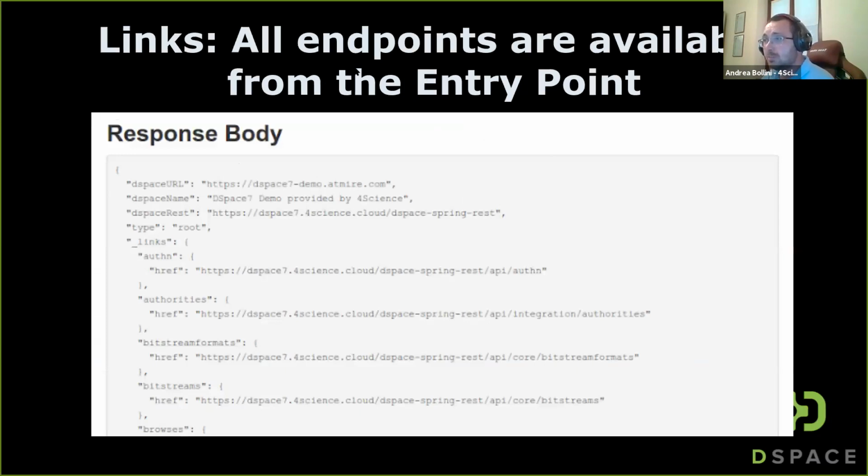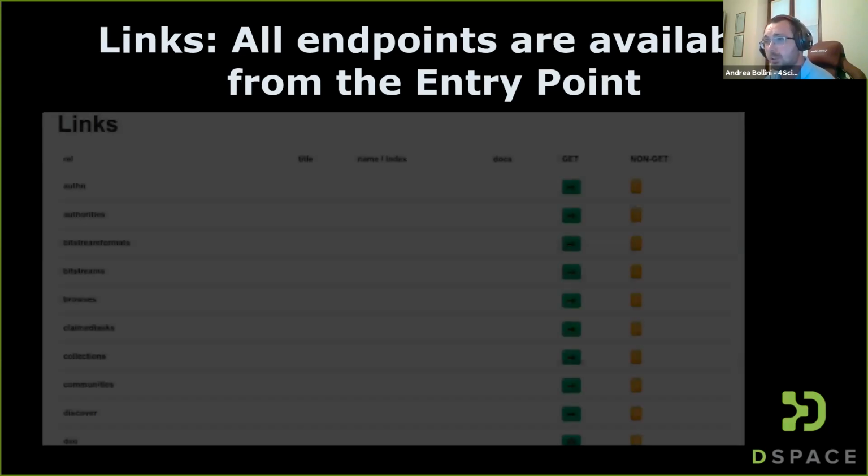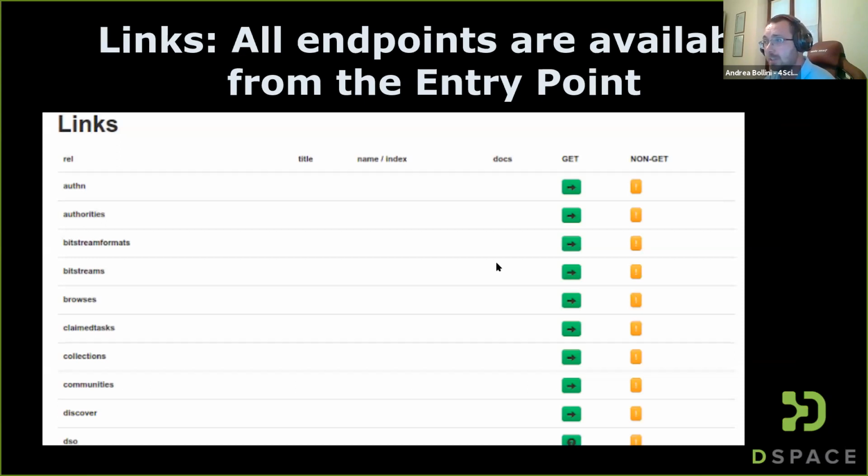One important fact about the slash API endpoint is that this entry point will list all the endpoints available in our REST API, so it provides the documentation of our REST API itself. And you see here again all the links, so that you can explore using the GET method, or maybe make a different request, such as a POST or PATCH over a specific endpoint.